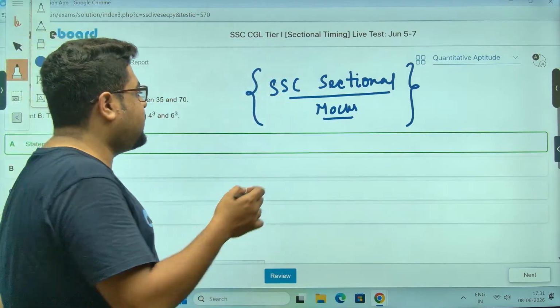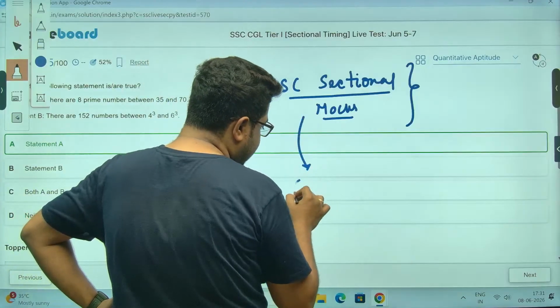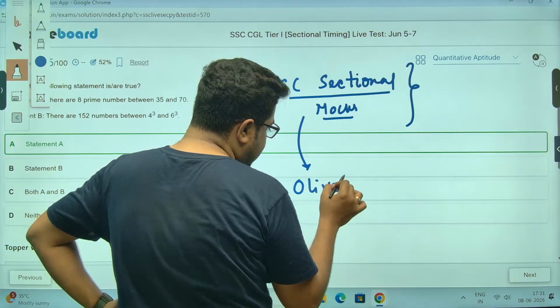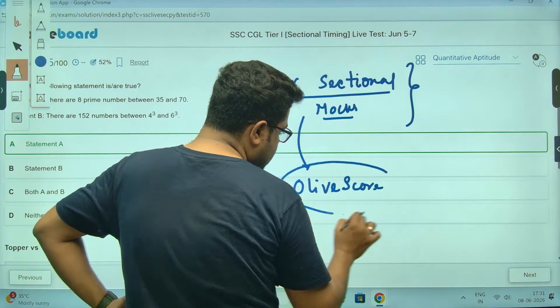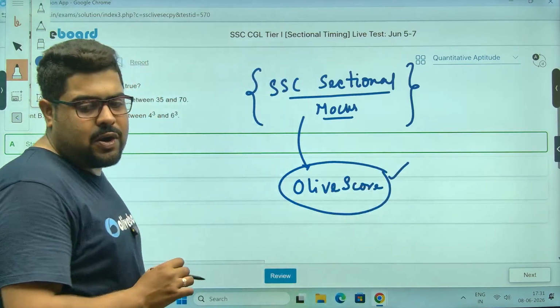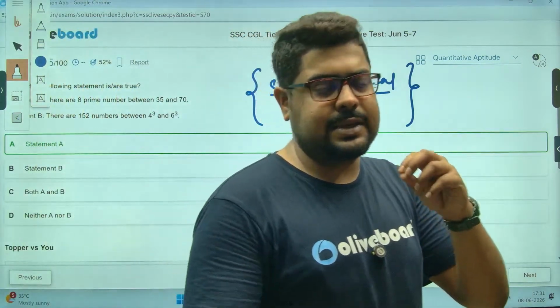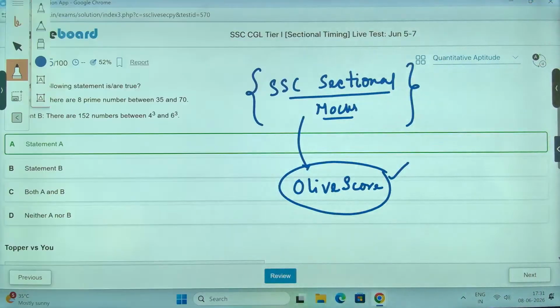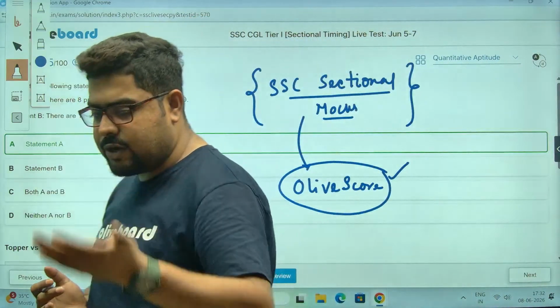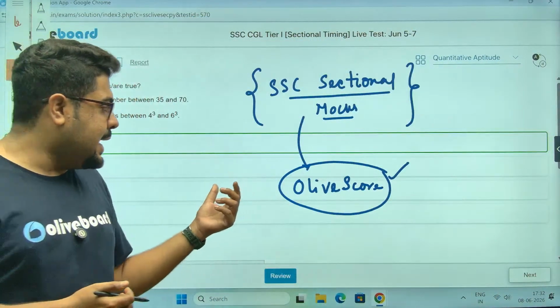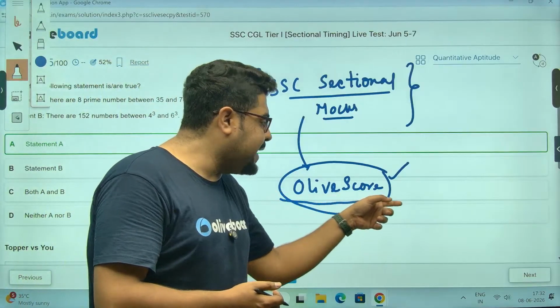And also, after every mock, you will get an AI-powered analysis called Olive score. Sir, what is this? This is not your general data, meaning, sir, you have got 15 marks out of 25 or something like that. It's not like that. Or this is where you have done the question correctly, this is where you have gone wrong. No. This is an analysis that will give you your inside details.